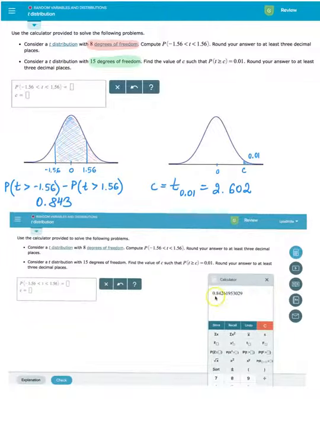This gives me the difference of 0.843 when rounded to 3 decimal places.